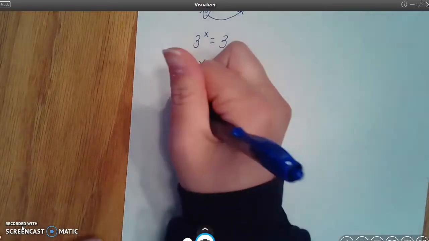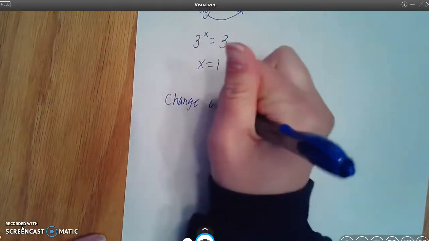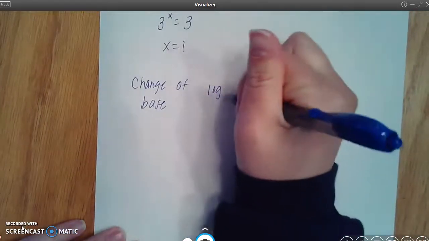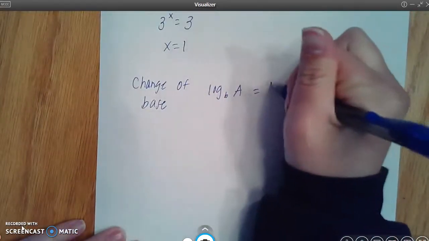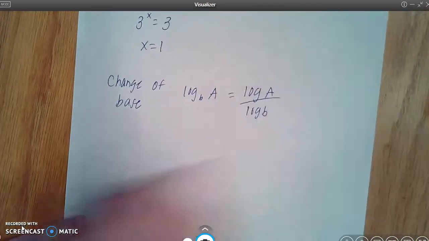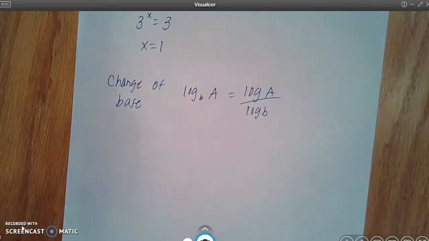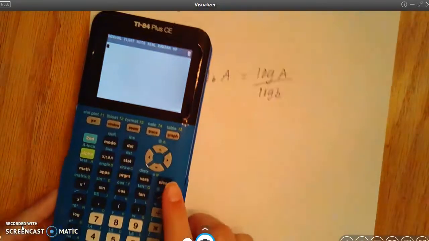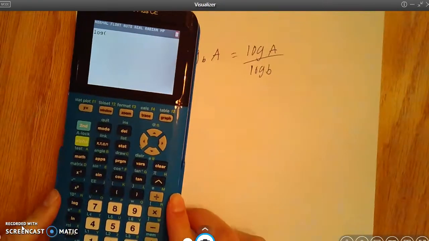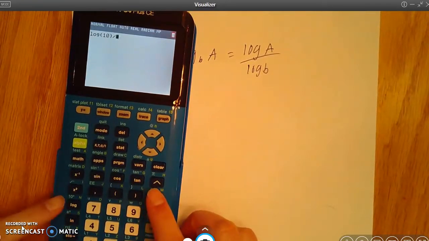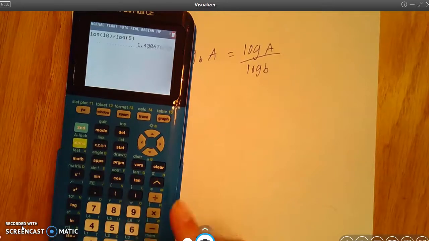Secondly, there were questions about the change of base formula. This is where log base b of a can be rewritten as log of a over log of b. You only need that formula if your calculator doesn't have that log base. For example, an older calculator only allows you to do log of 10 divided by, say, log of 5.